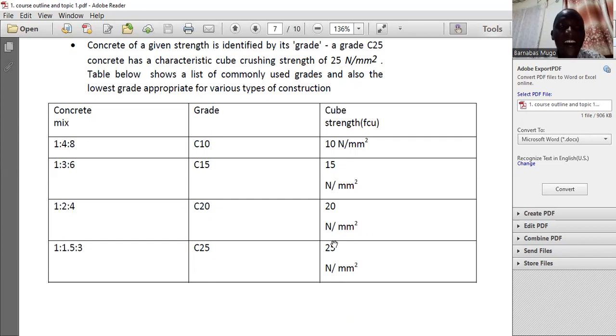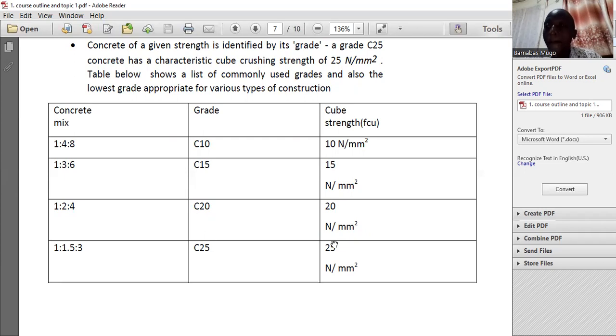When we have 1:3:6, it means that we have 1 part of the cement, 3 parts of the sand, and 6 parts of the ballast. This one has the class of C15. It means that the FCU, the strength of that concrete, is 15 Newton per millimeter squared.